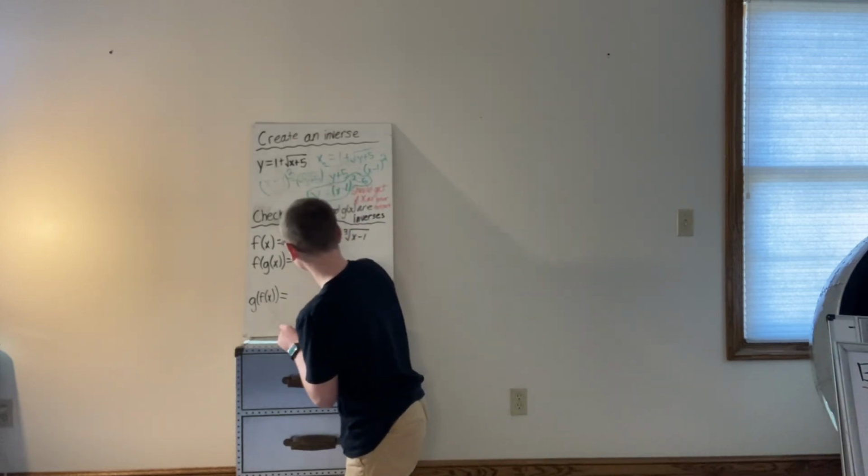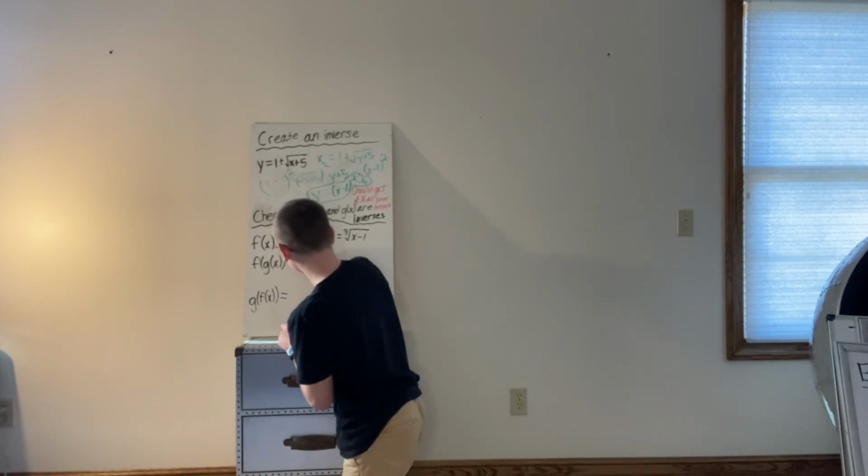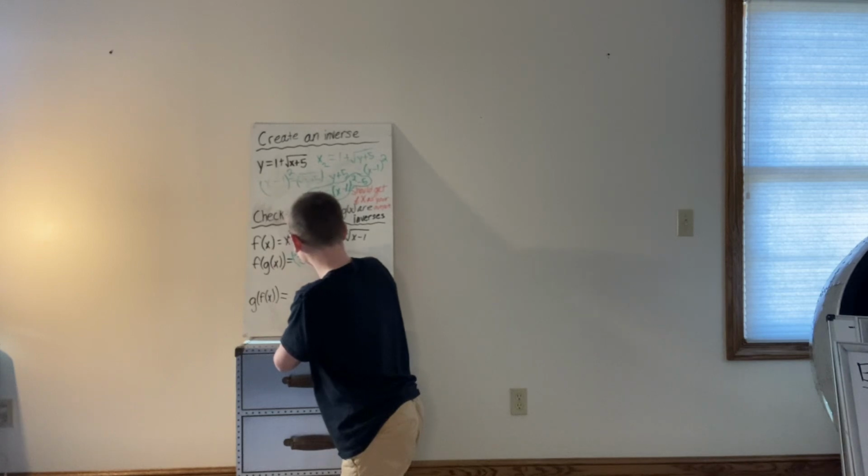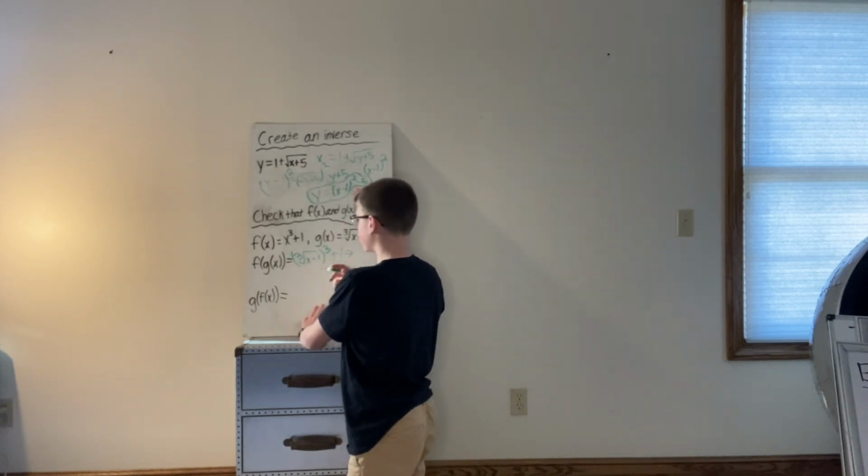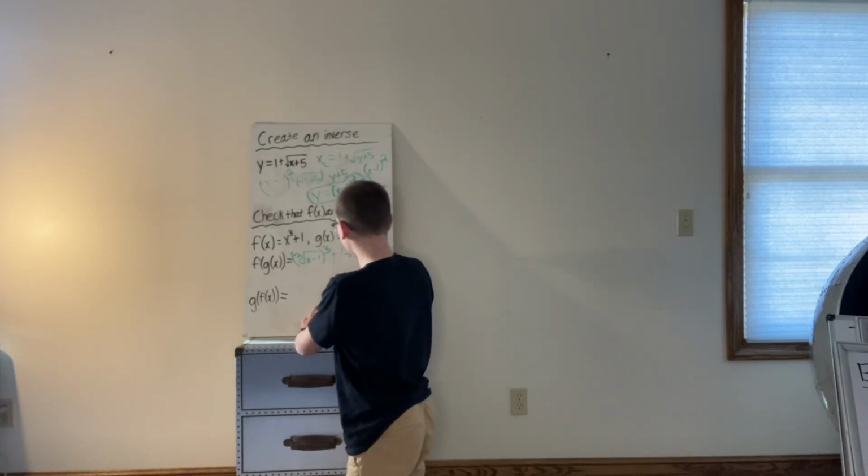So g of x is cube root of x minus 1, and then that is cubed because f of x is x cubed, plus 1. So then we just say, what is the cube root of x minus 1, cubed? Well, it's x minus 1, and then that's plus 1, and then we get x.